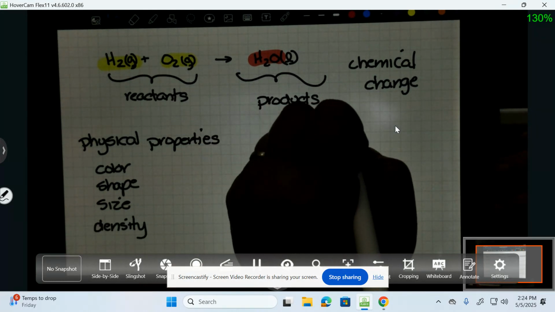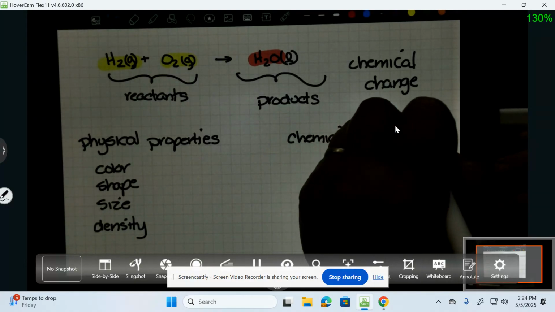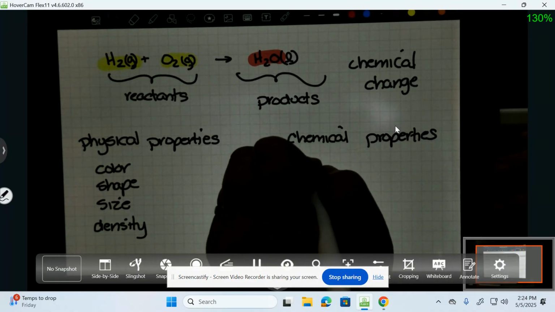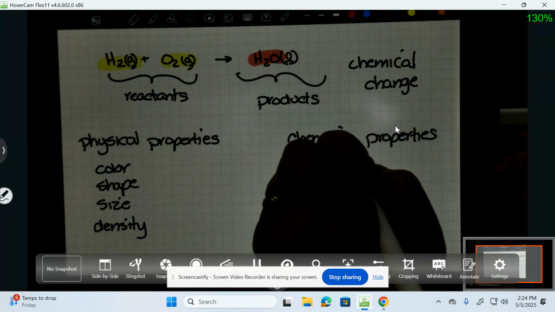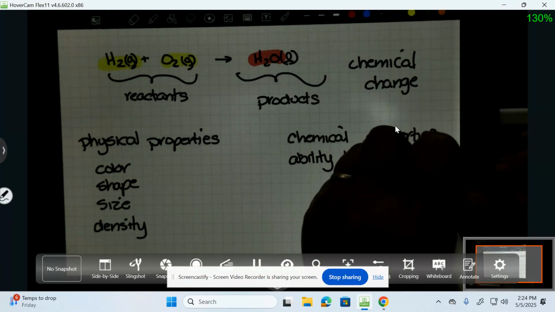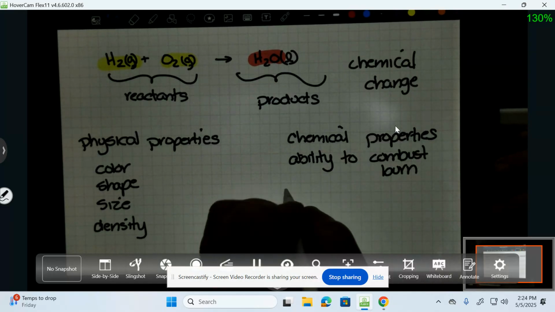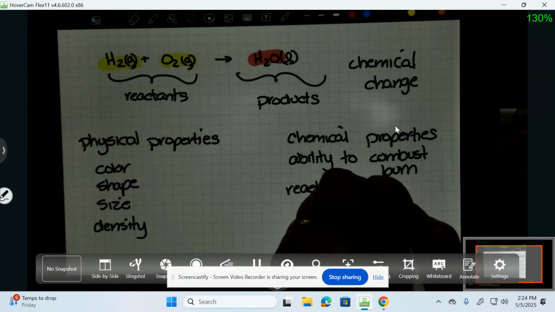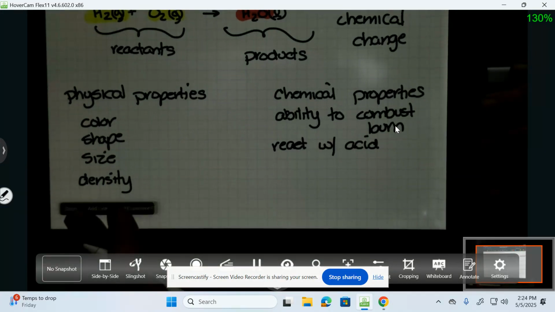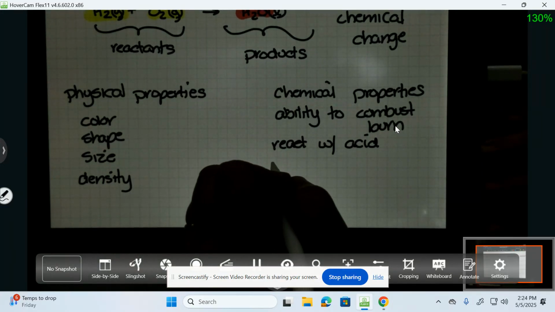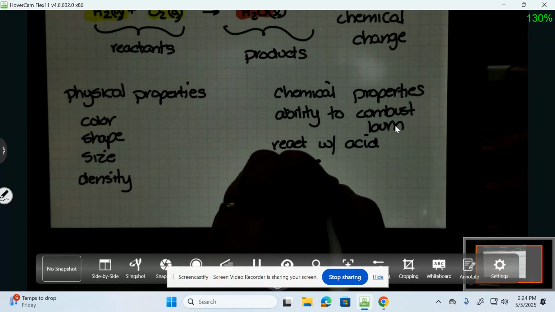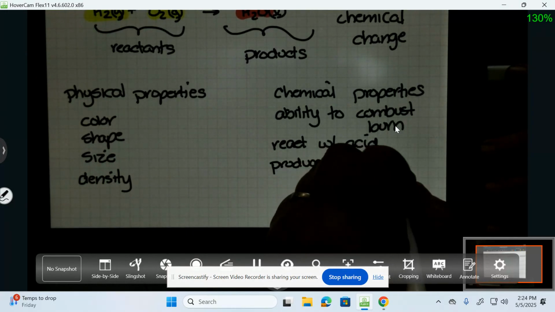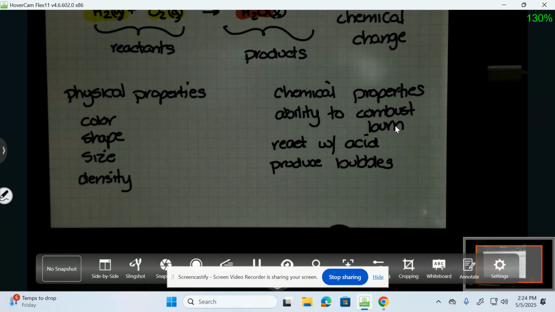Chemical properties are things like the ability to combust, that means burn, reacting with an acid to produce bubbles. Anytime you get something that you didn't have before, that's a chemical change.